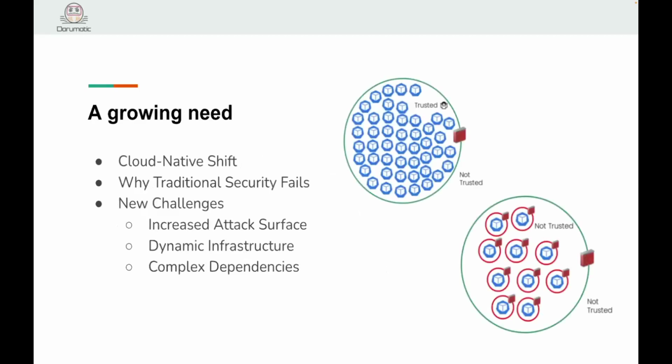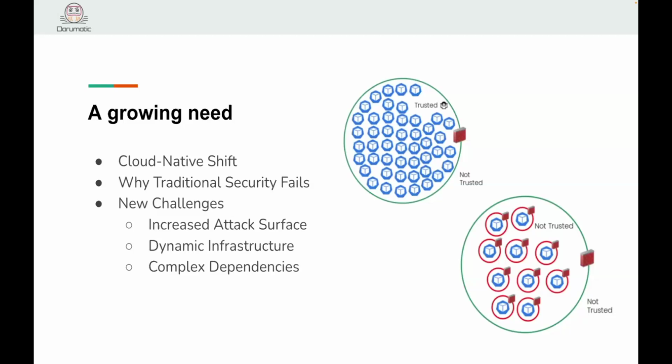So why do we need to implement something in this area? The landscape has been changing. We have been using containers, microservices, APIs, and so on. These many new technologies create many more surfaces of attack.